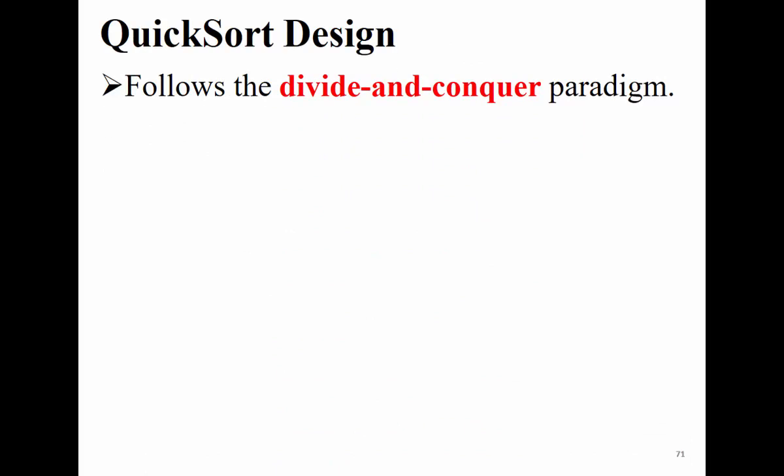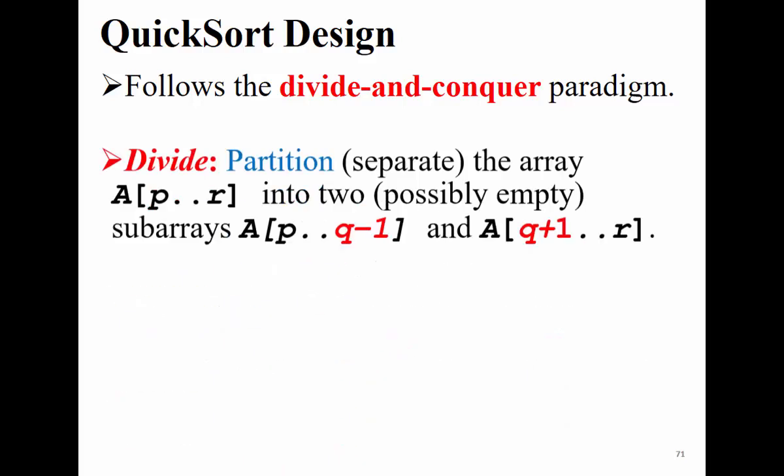Now, Quicksort also follows the same paradigm as Mergesort, divide and conquer. We try to divide the problem into smaller problems, which is exactly what the recursive approach is doing.